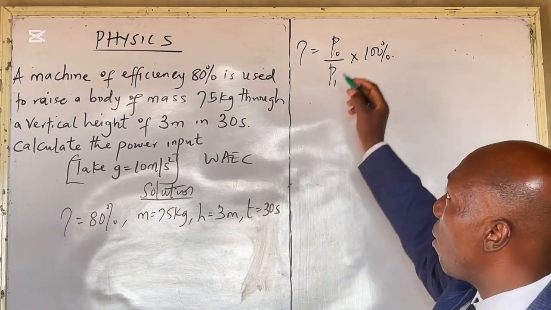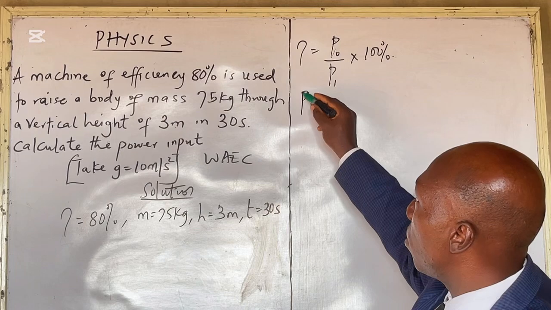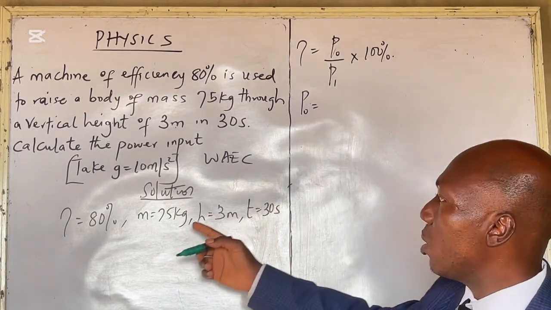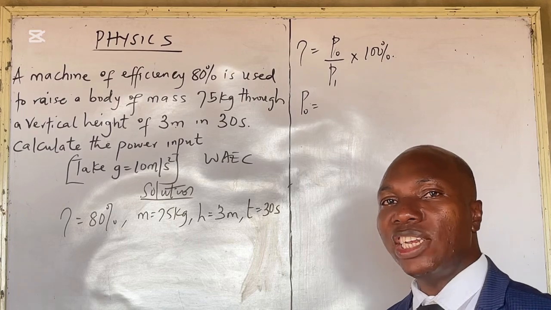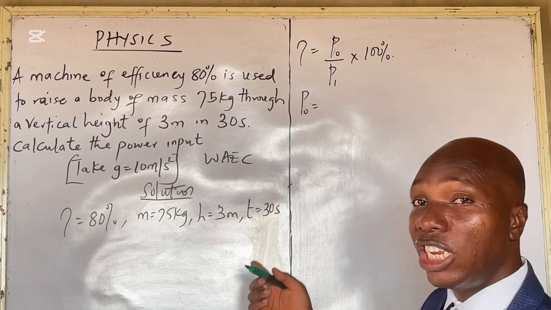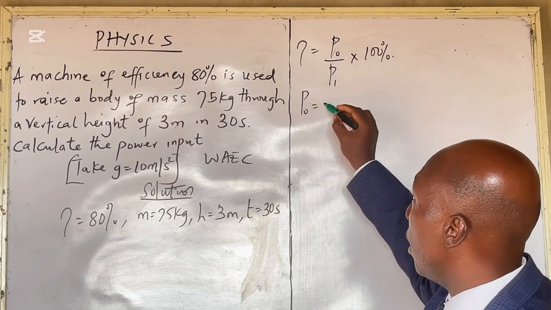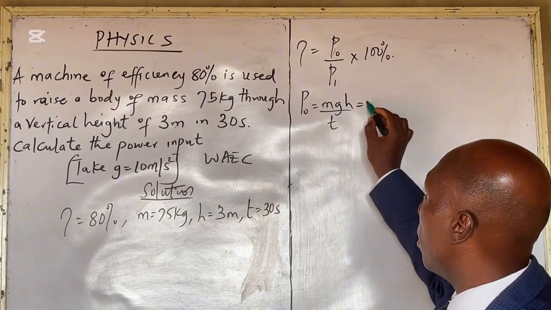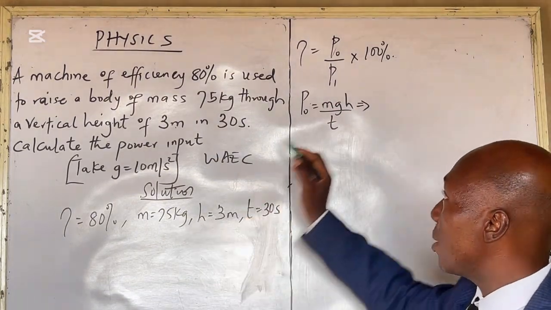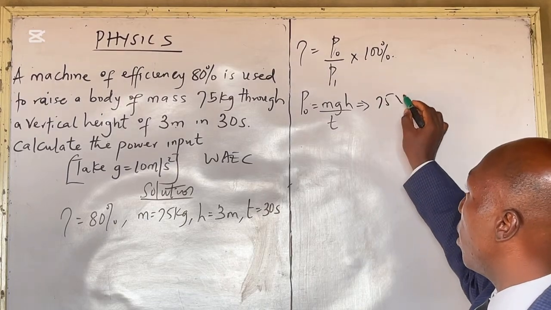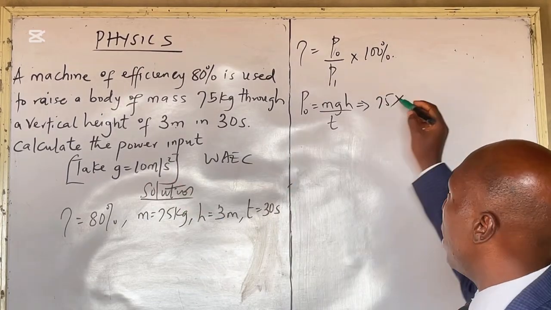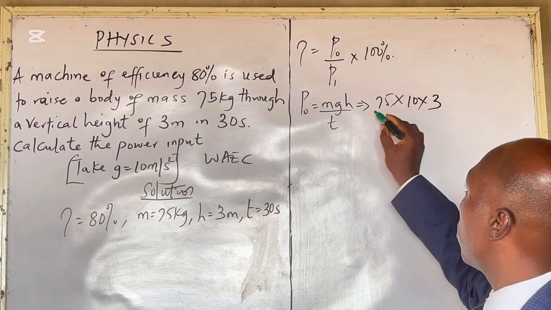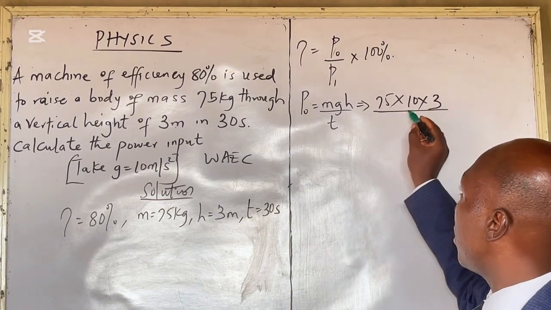So let's calculate our power output. Power output, P naught, in the question is given in terms of potential energy, that is the energy expended over time taken, as mgh over time. That will give us our mass 75, our g taken to be 10, our height 3 meters, over our time 30.